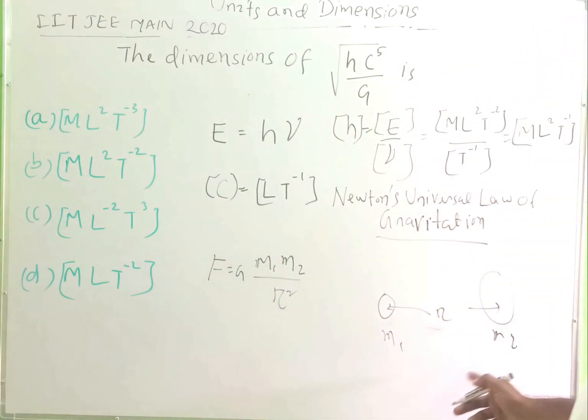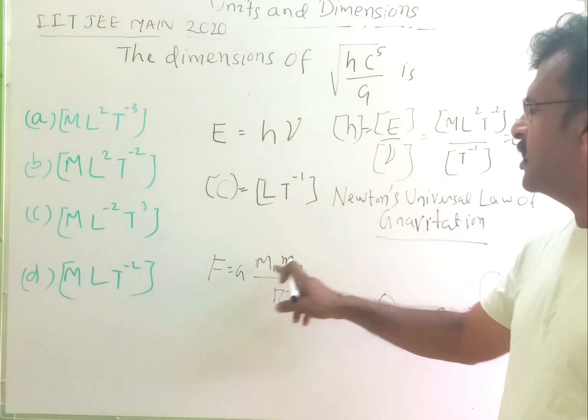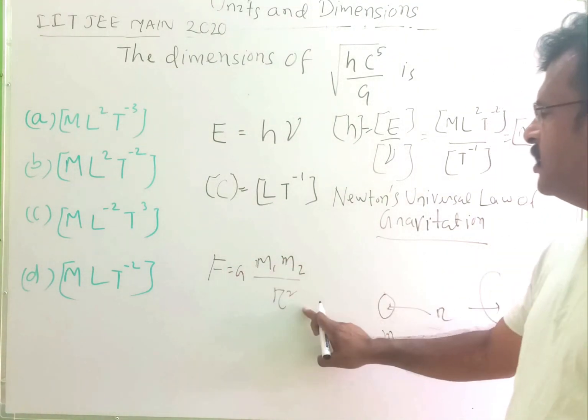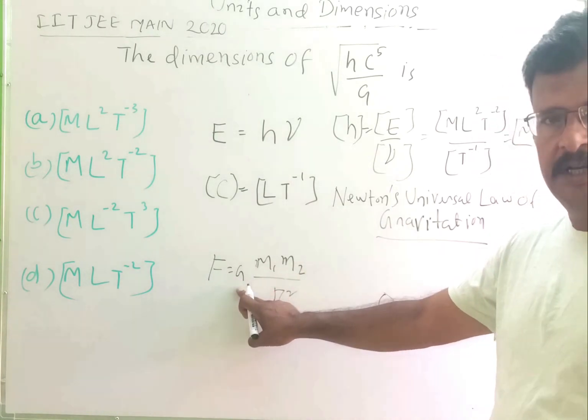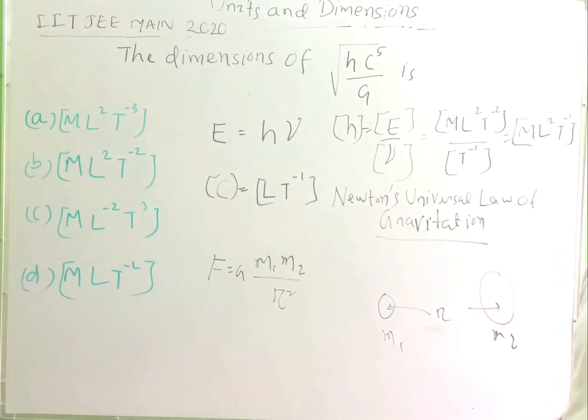The gravitational force is directly proportional to the product of the masses of the bodies and inversely proportional to the square of the distance between them. So F is directly proportional to m1 m2, F is directly proportional to 1 by r square, or F is equal to G m1 m2 by r square, where G is the proportionality constant called the universal gravitational constant or Newton's universal gravitational constant.